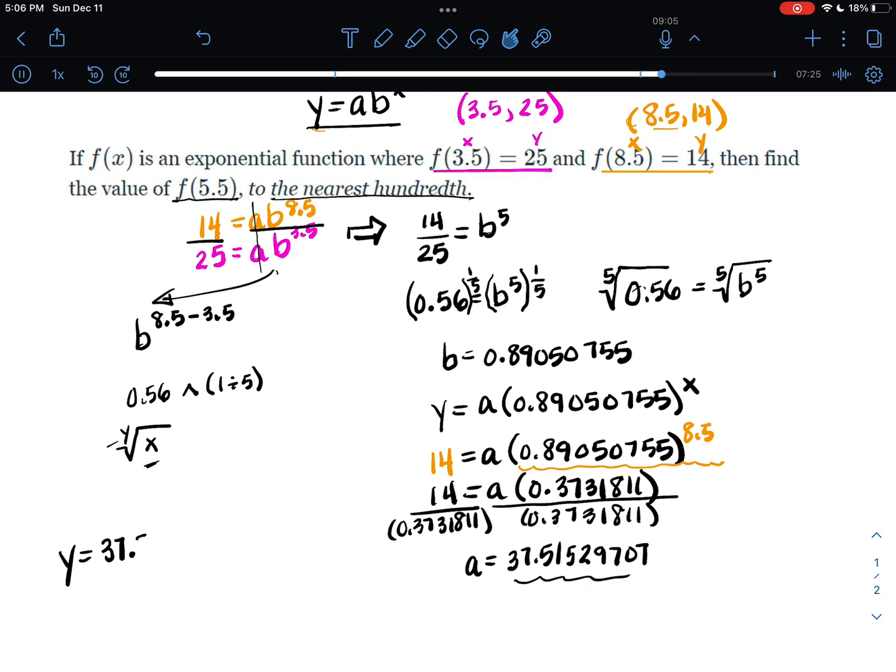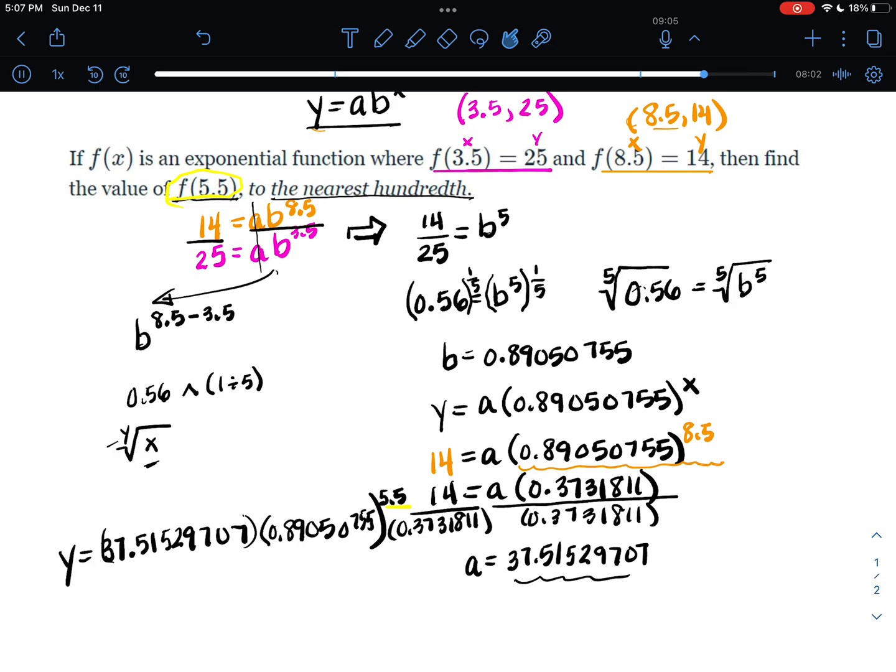I'm going to want to keep them in their entirety. So I'm going to have them here, that's my a value, and my b value, remember, was 0.89050, and that is going to be to the 5.5 power. I'm getting that value because my original question was asking me to evaluate it there.